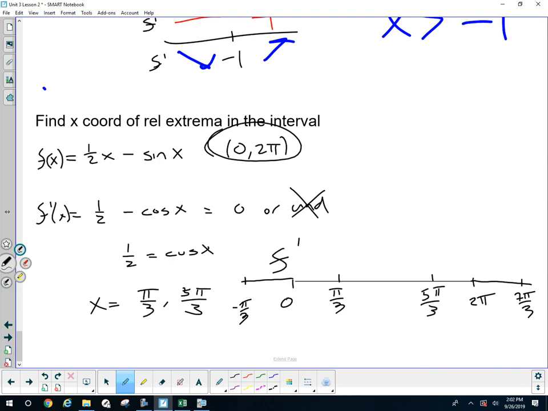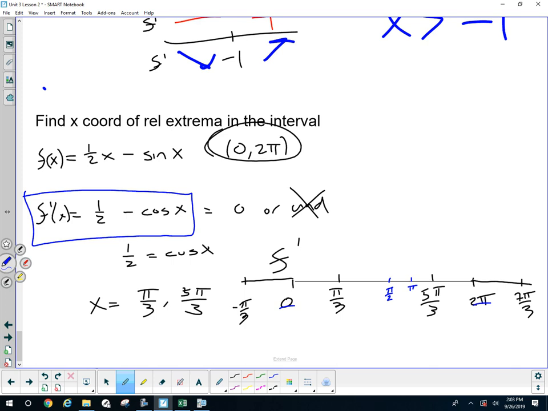So I'm going to use 0 and 2 pi as test points. I will use them in what is my simplified derivative. It helps to use these extreme values like 0, like 2 pi, like pi over 2, or like pi.